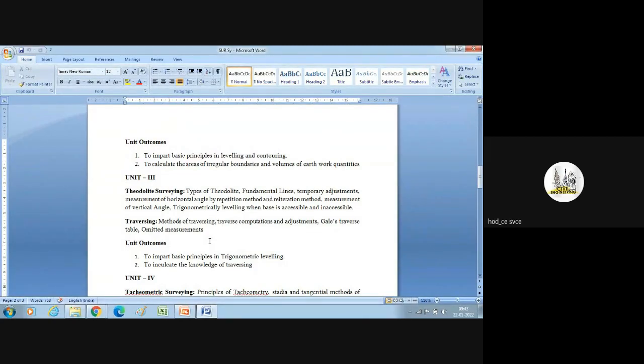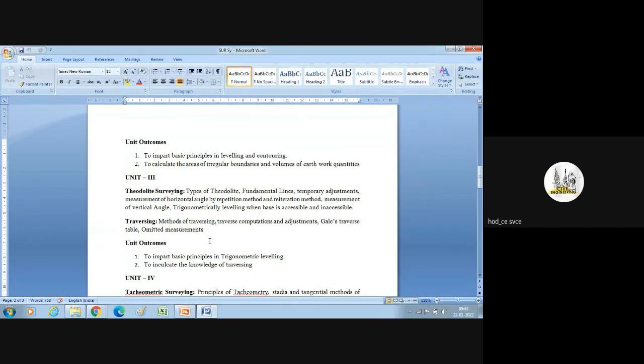And next coming to the temporary adjustments. Why are they called temporary adjustments? Temporary in the sense that the permanent adjustments were already made by the manufacturer, right?